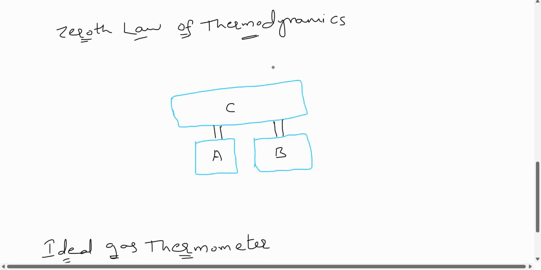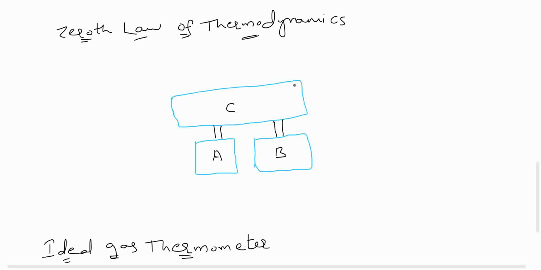Now let us consider the zeroth law of thermodynamics. What does the zeroth law of thermodynamics tell? Basically, in the first lecture we have seen it defines the concept of temperature. So how does it define the concept of temperature? In thermodynamics, temperature is something more important when we characterize a system.